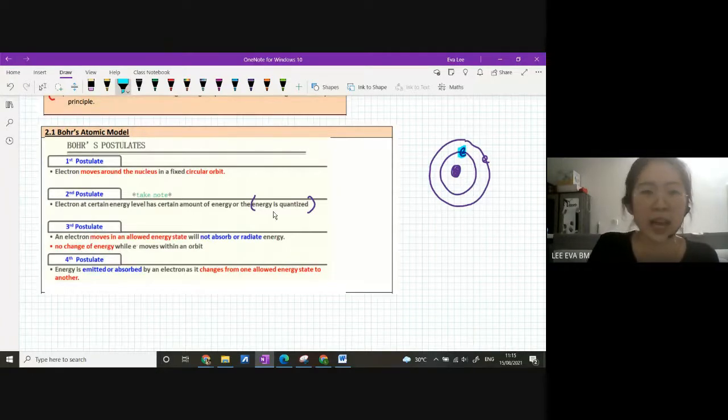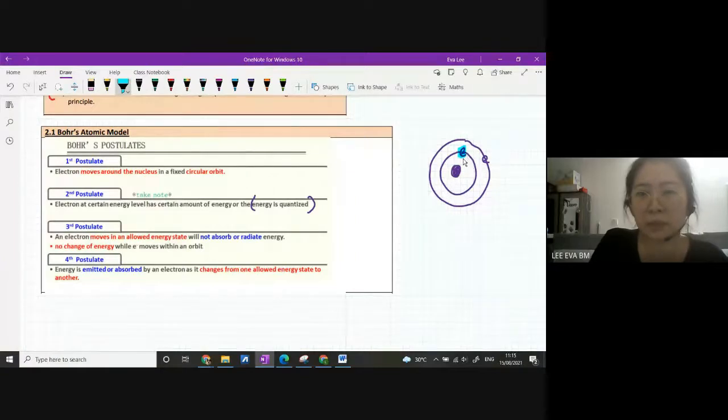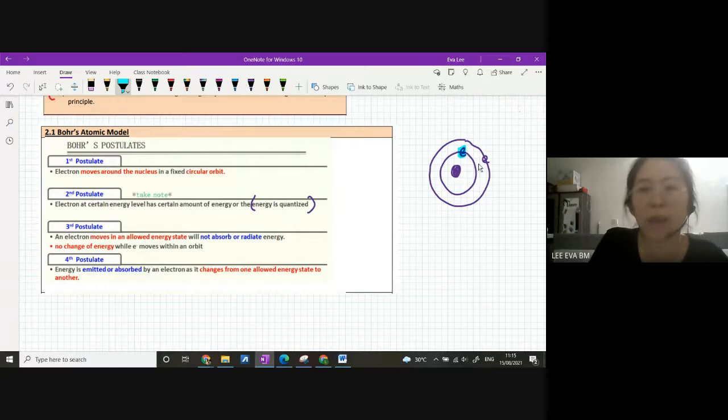Okay, and then after that we have our third postulate, which says that an electron moving in an allowed energy state will not absorb or radiate energy. So kalau dekat sini elektron masih dekat orbit yang sama, dia tak akan release or absorb energy.